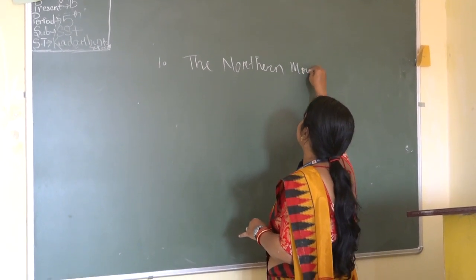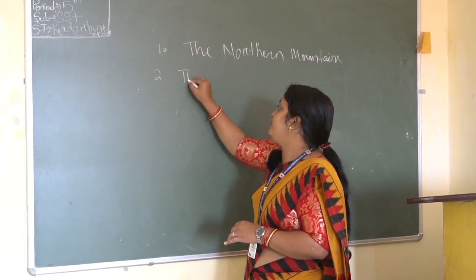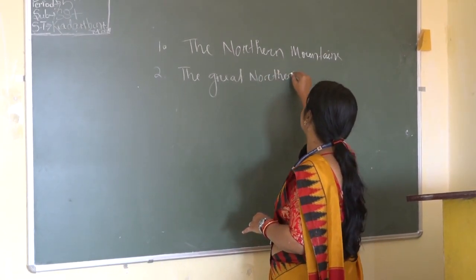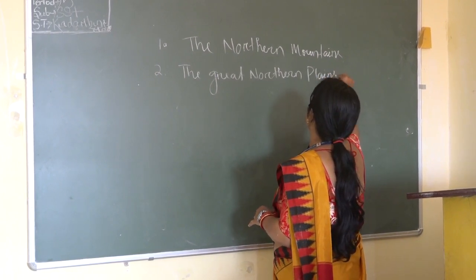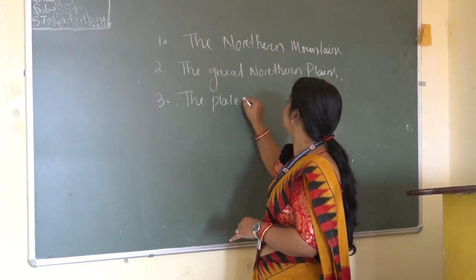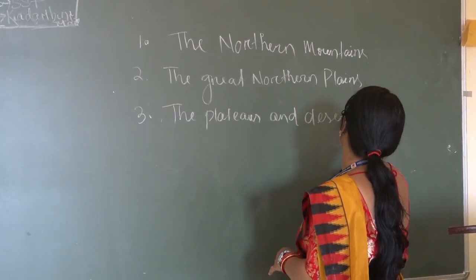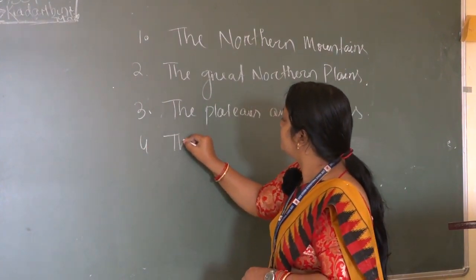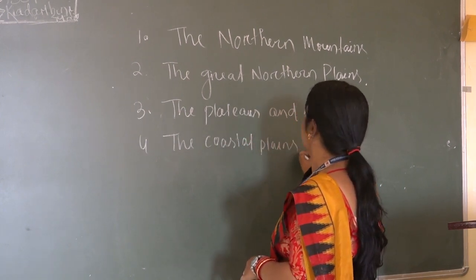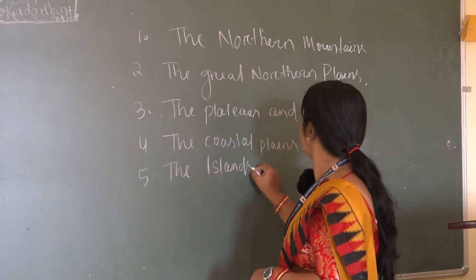Second is the Great Northern Plains. Then the plateaus and islands. Sorry, deserts.